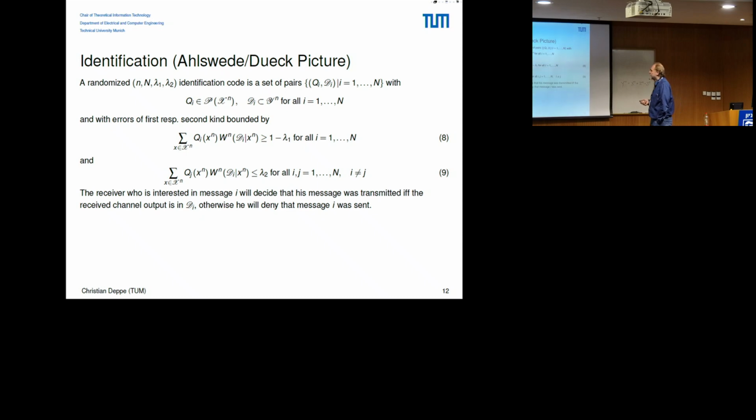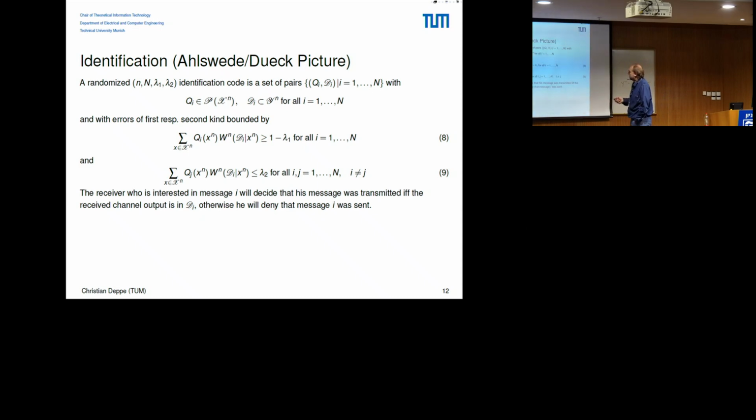The main idea now is that we don't have the property that the Di are disjoint. We just assume that the Di are subsets of Y^n, and we add this error of the second kind.